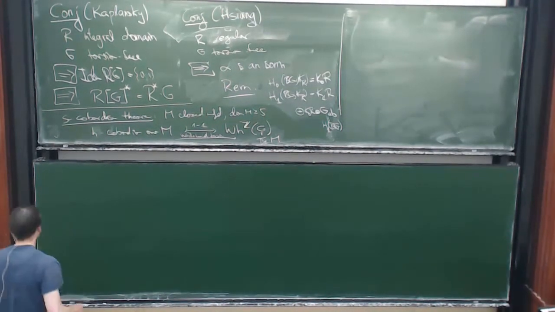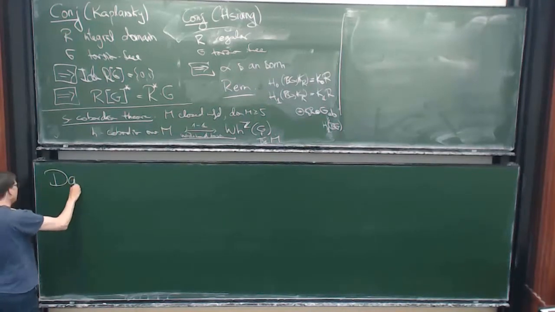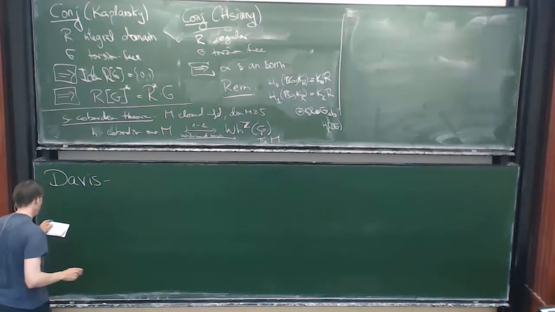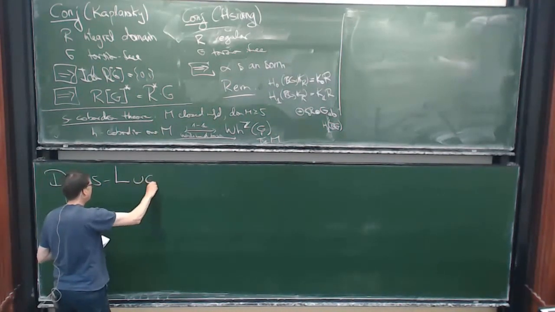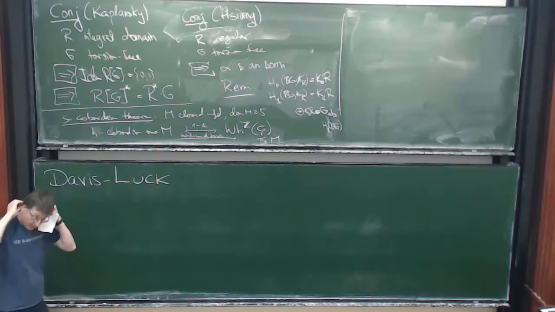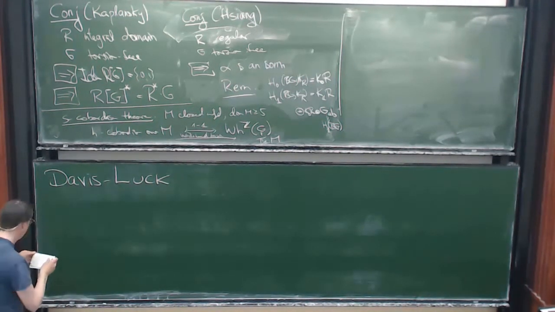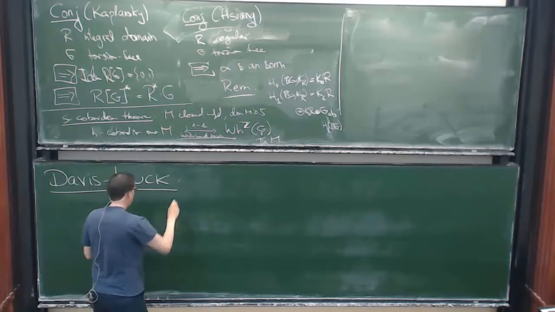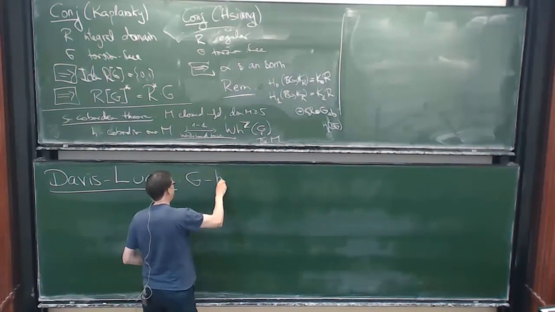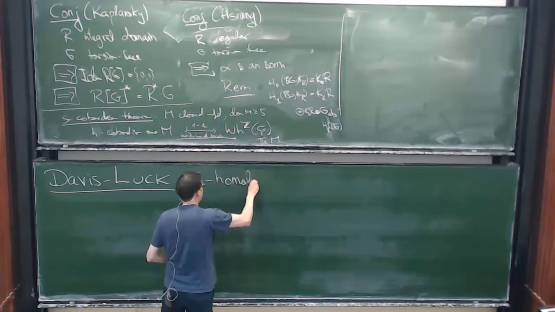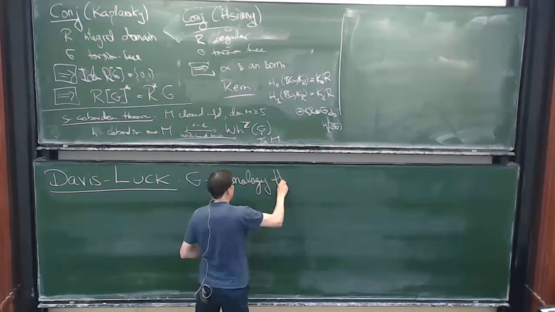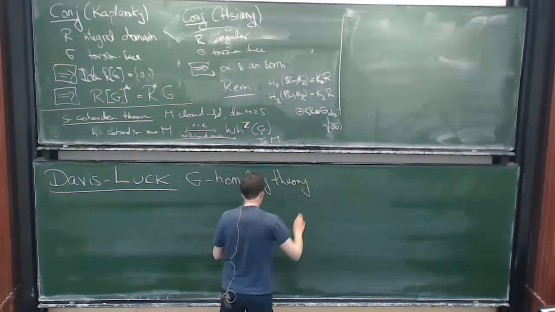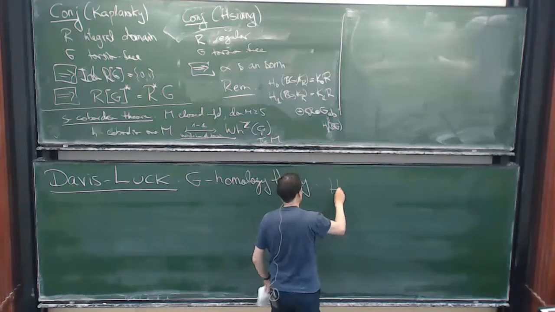Now we're going to need the language of Davis and Lück. They construct a G-homology theory, i.e. a functor.